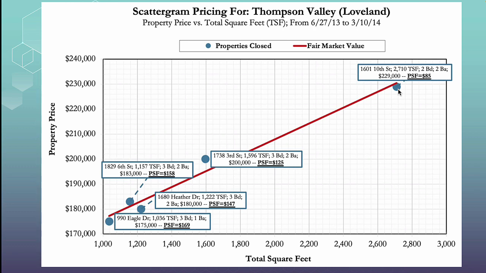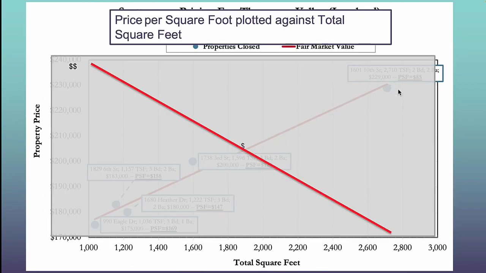That's because this sunk cost is spread across a larger size for some of the higher homes. As a matter of fact, if you took the price per square foot and plotted that against the square feet, you'd get something that looks like this, where there's almost an inverse relationship between the size and the price per square foot. The smaller the size, the larger the price per square foot.